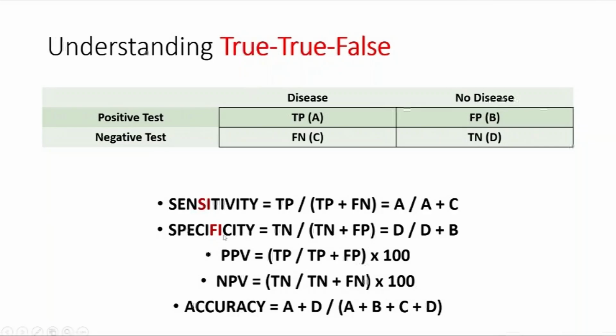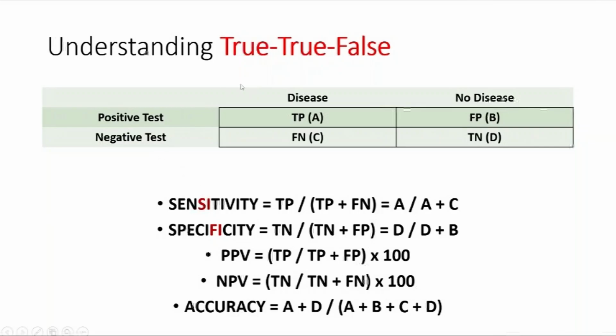Whereas specificity is a test of fitness, it's a test of negativity, in the sense that how reliable is a test to show no disease, to give you a negative result for someone who is not sick, to give no disease for those who are fit.